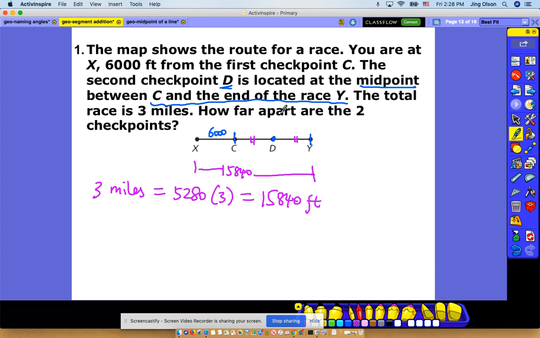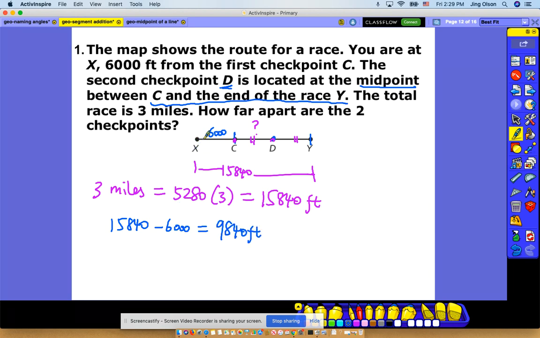So they're asking how far apart are the two checkpoints. So the two checkpoints, one is C, one is D, asking for how far apart is C from D. So if you look at the picture here, total is 15,840. If you take away 6,000, so that would be what? 9,840 feet.